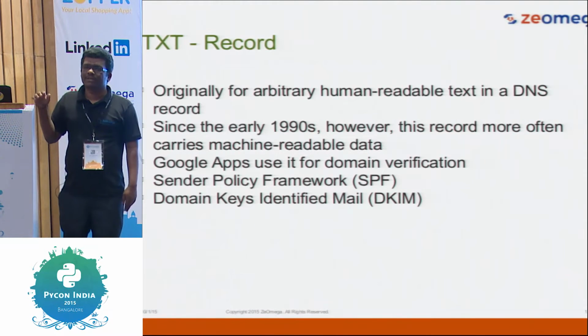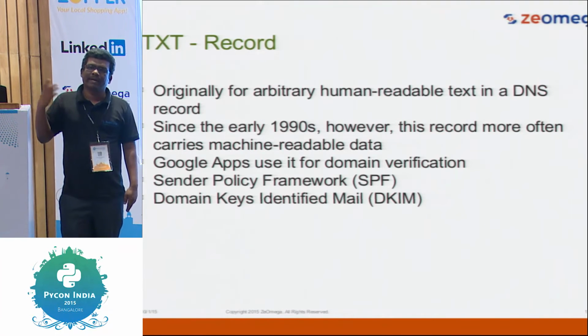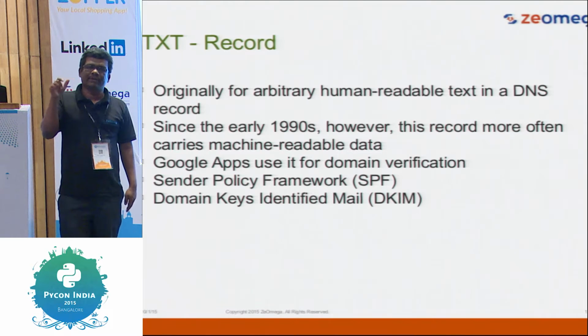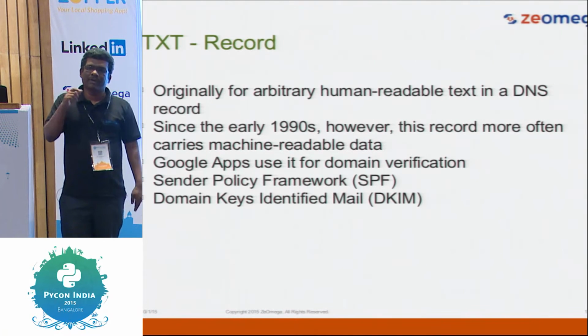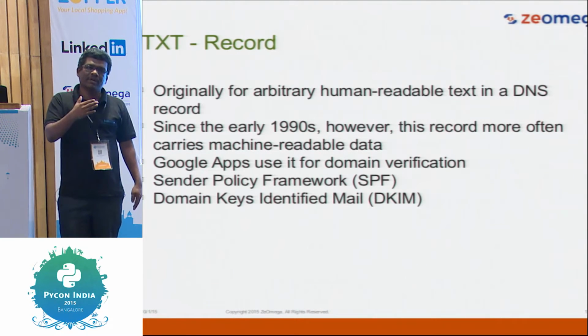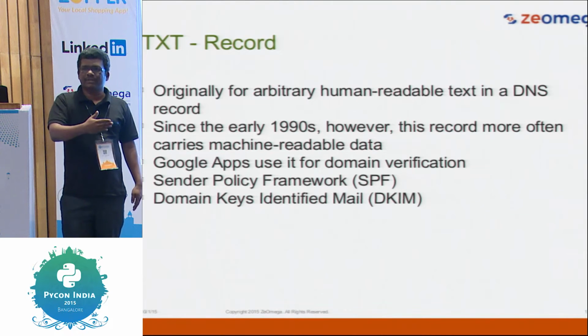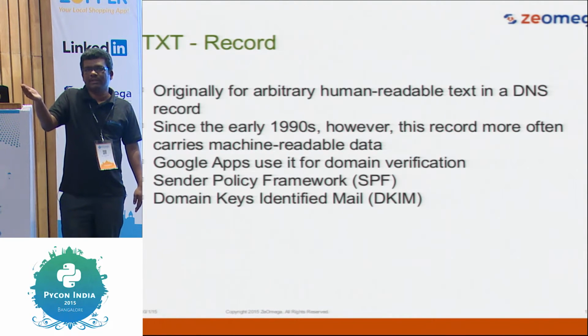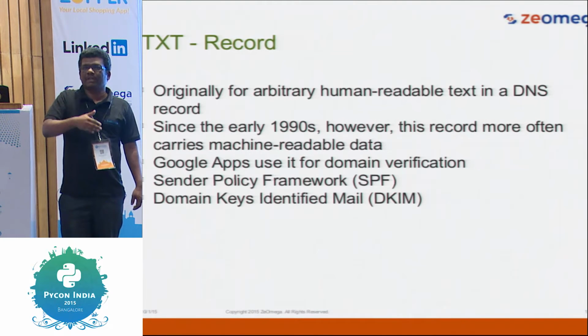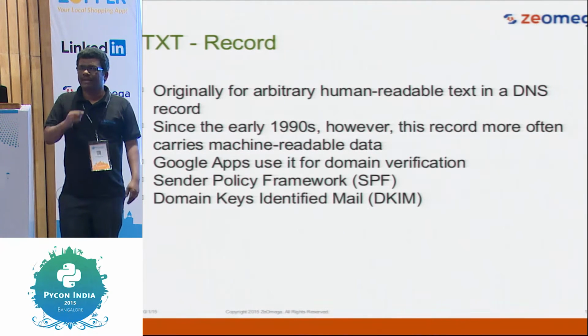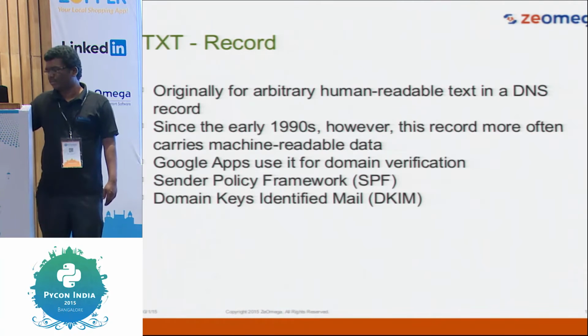In case you are using some service like Google Apps, they ask you to add a TXT record so that you can show that this domain is owned by you, because all the records are added by yourself. So, if you are relying on some other service, you need to prove that you are the owner, right. So, we can use TXT records for that also. Okay, multi-purpose.